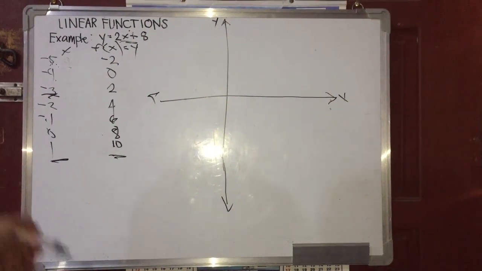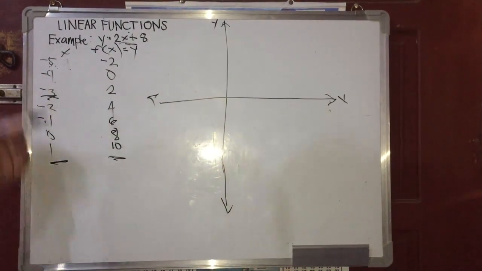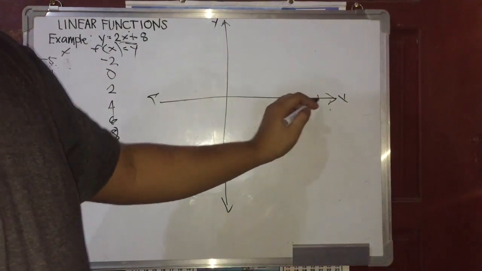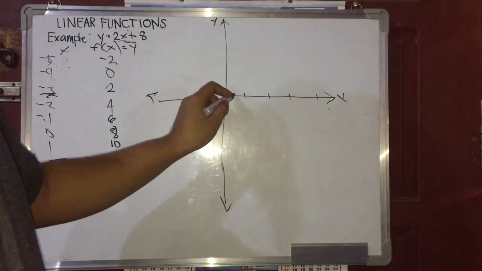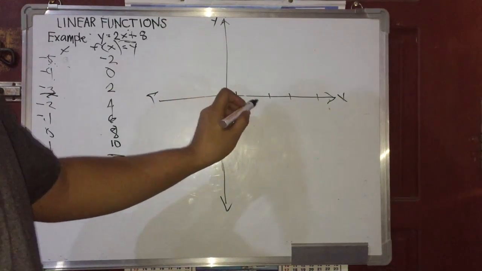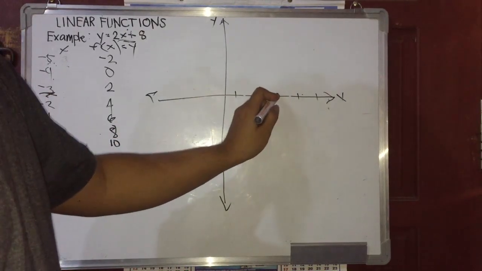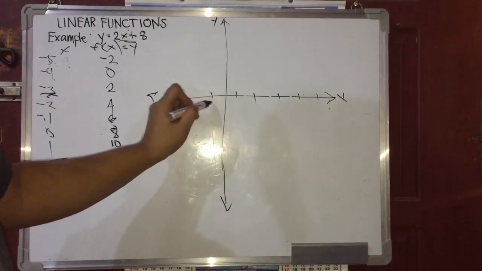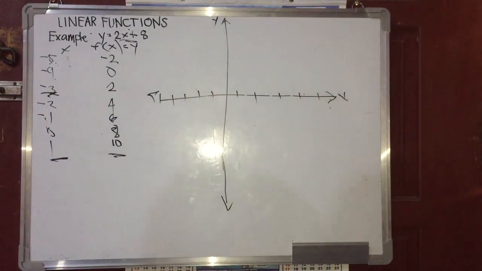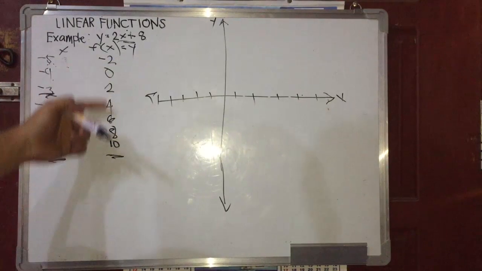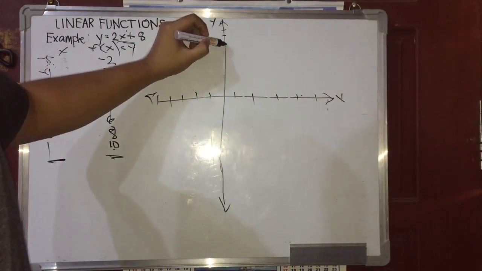The highest number of x is 5, so we need to label the x-axis from 1 to 5. Then on the y-axis, the highest number is 10, so we need to label it up to 10.